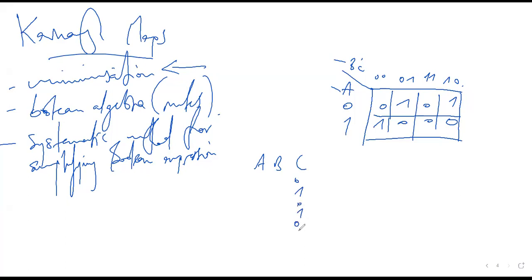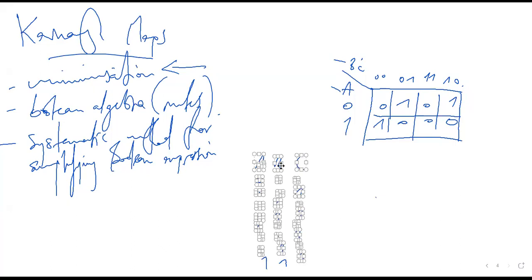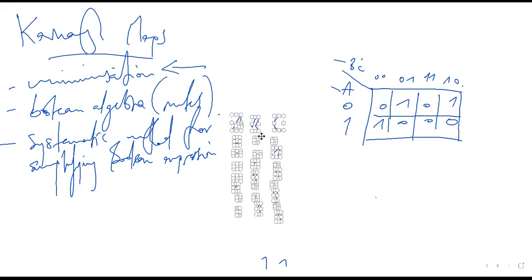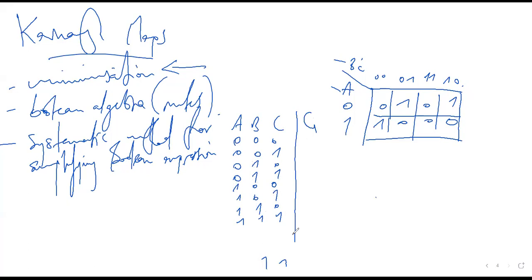That is 8 possible outputs: 1, 2, 3, 4, 5, 6, 7, 8. All right. What is our function G?